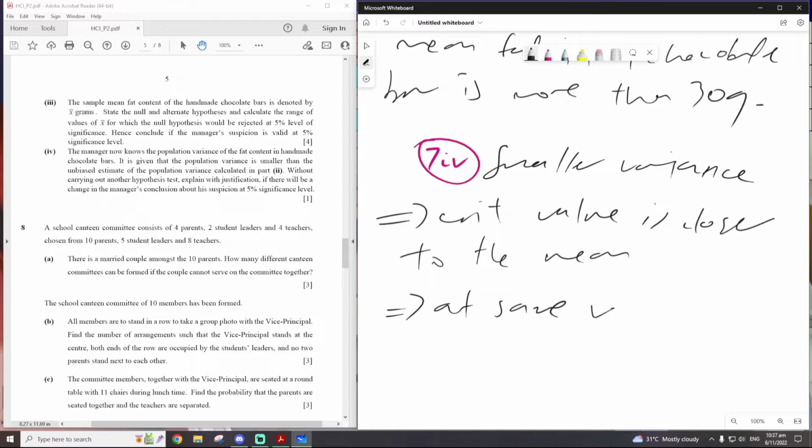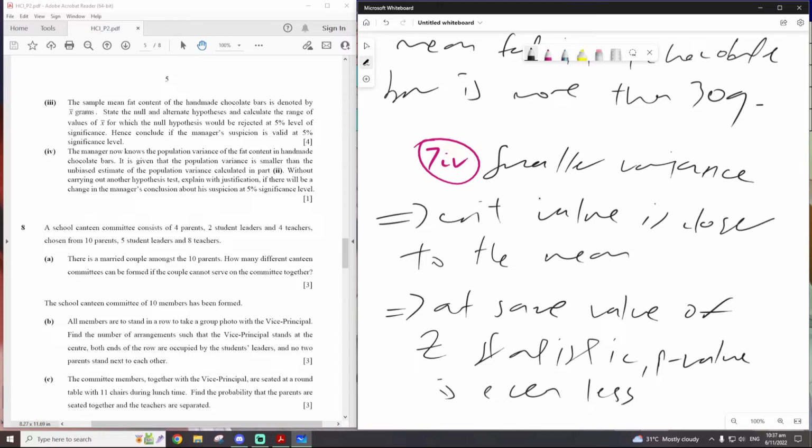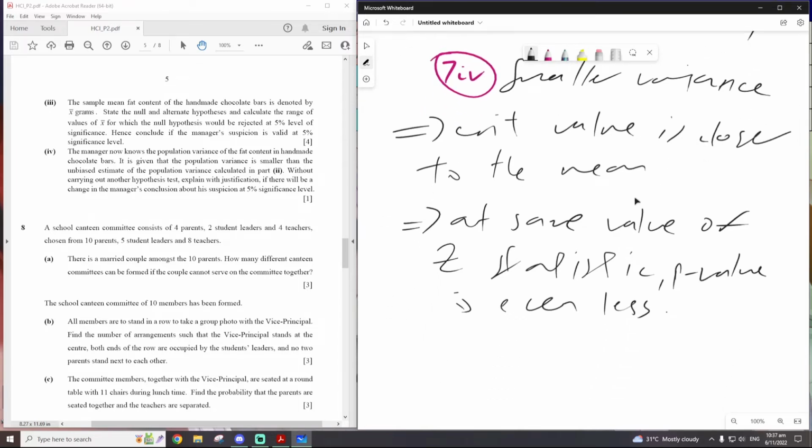At the same value of z statistic, the p-value is even less. Therefore, there is no change in the conclusion. So it's just about understanding how the normal distribution works out, basically.